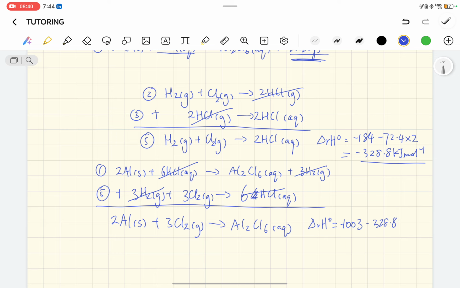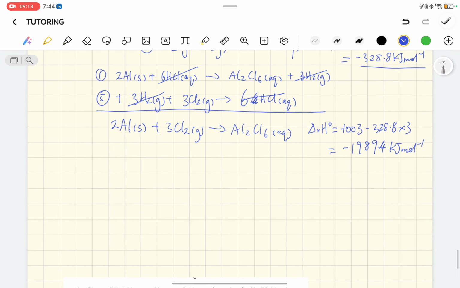We're trying to add these two enthalpies together, so we're adding a negative, we're just taking it off. And this is also not it, because we added it on 3 times, so we must multiply by 3. And this gives us -1003 minus 3 times 328.8, which is minus 1989.4 kilojoules per mole.